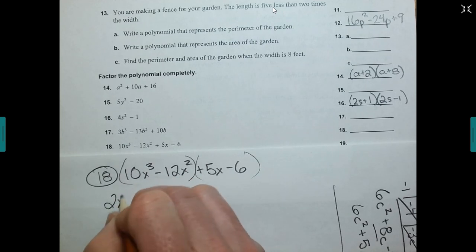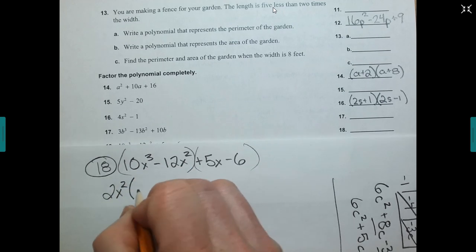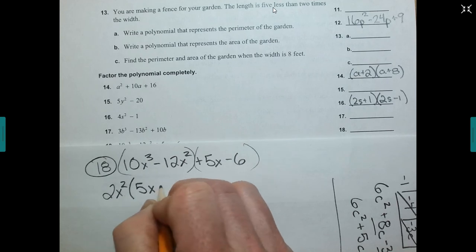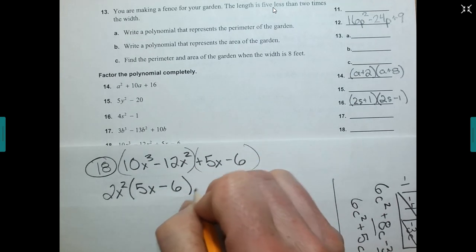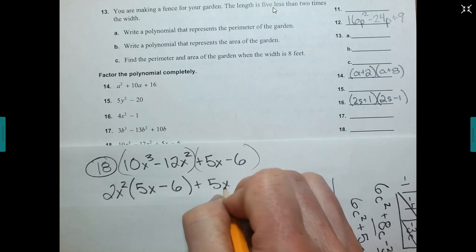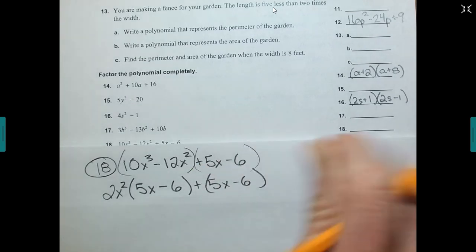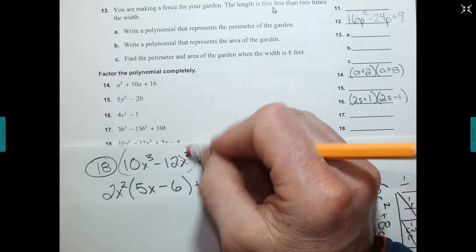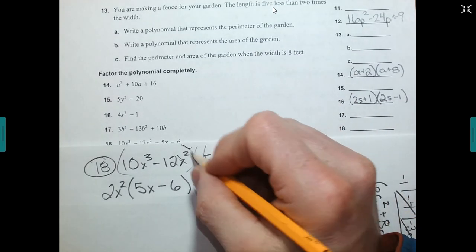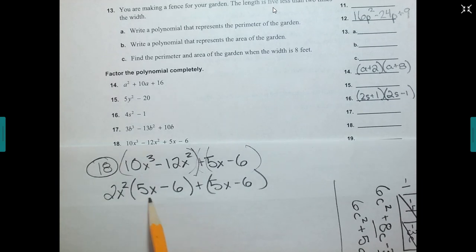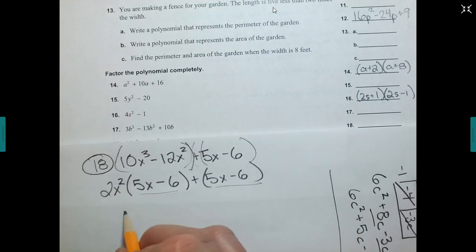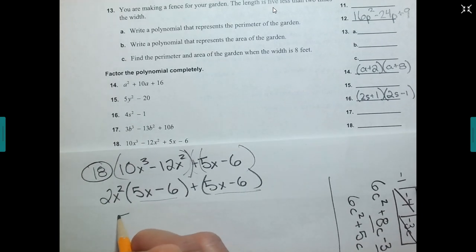So 2x squared is 5x minus 6 plus 5x minus 6. Oh, look at that. 5x minus 6, 5x minus 6. So I can factor that out.